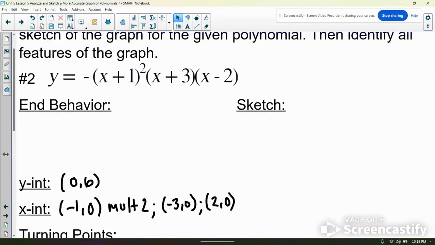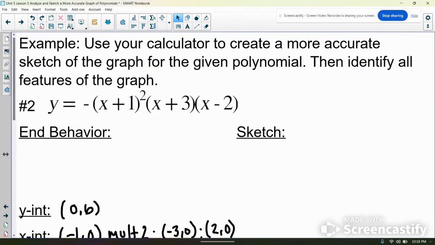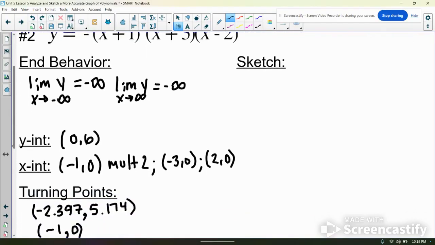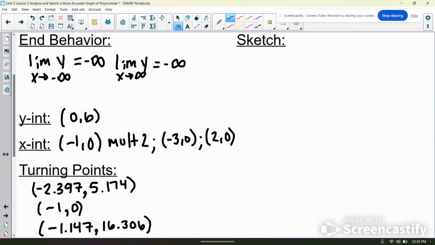Based off of our calculator graph, we say that our end behavior was both -infinity. If we were to do it the long way, we would see that our leading terms would multiply to something that had an even degree with a negative coefficient, which means the same end behavior as we got for our graph. Take a second and sketch this with your turning points so that we can talk about increasing and decreasing.